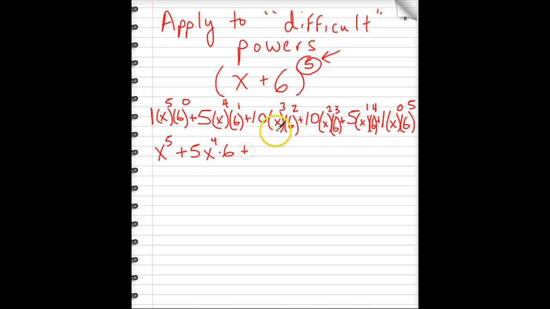Now, we have 10 here. We have x to the 3rd. And we have 6 squared, which is 36. Here we have 10. We have x squared. And we have 6 to the 3rd power. Let's see, 6 to the 3rd power is 6 times 6 is 36, times another 6, 216.